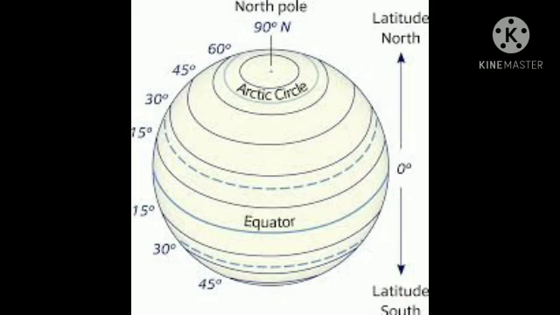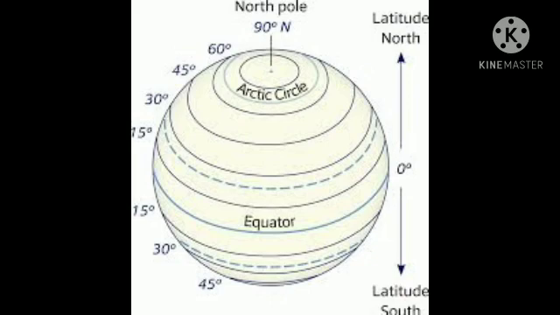The farthest parallels, 90 degrees north and 90 degrees south, show the location of the North Pole and the South Pole respectively. So this is all about latitude.